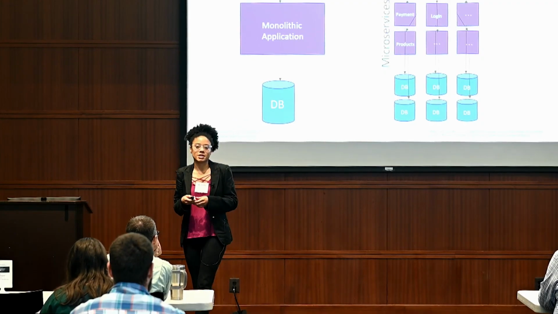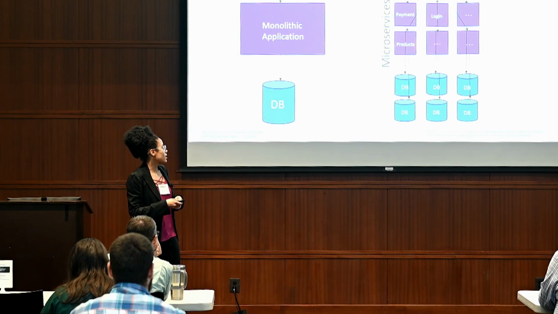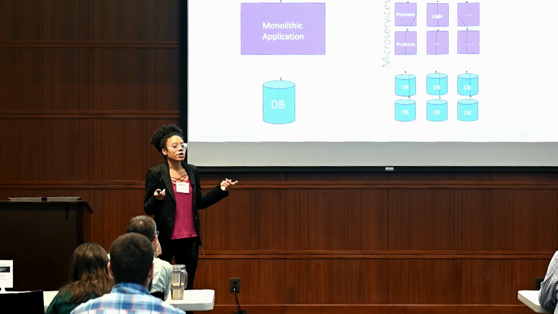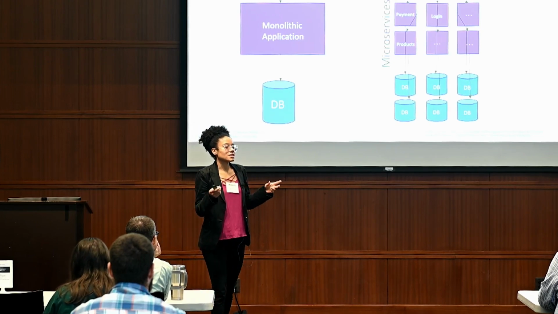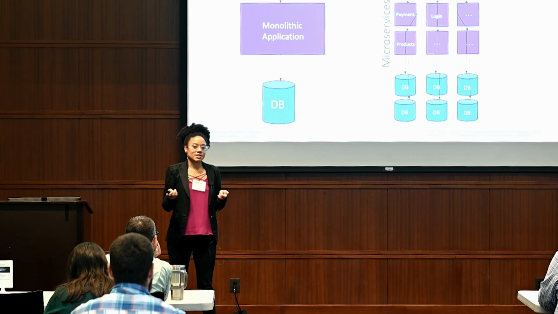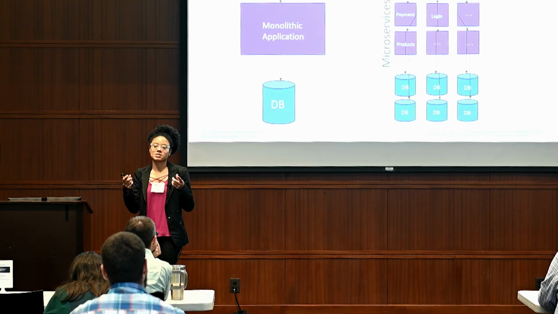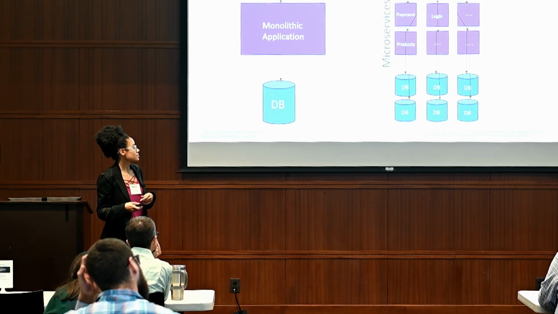So there's a level of flexibility that you don't get with monolithic applications. And also part of the microservice design is that ideally each microservice that needs data has its own separate database.